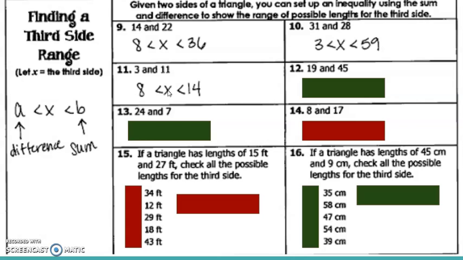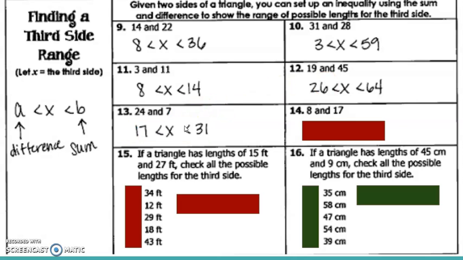Our difference is 8, and our sum is 14. Number 12, our difference is 26, and our sum is 64. 13, the difference is 7, and the sum is 31. And then for 14, the difference is 9, and the sum is 25. So that's just writing out the inequality.